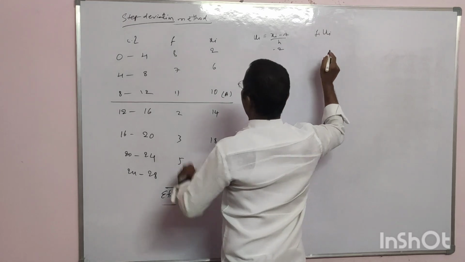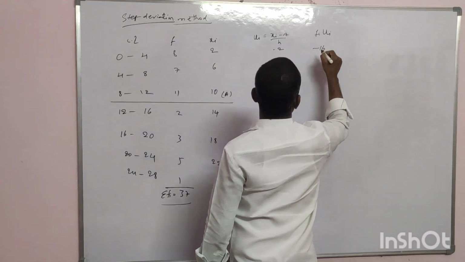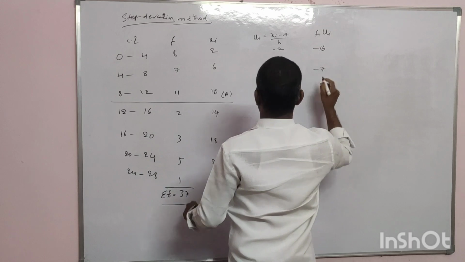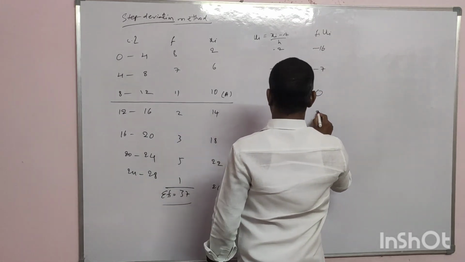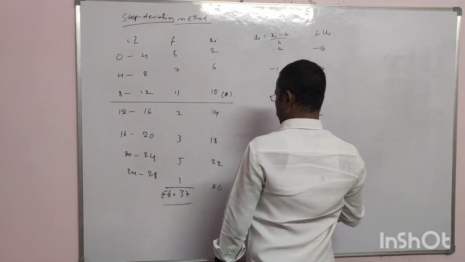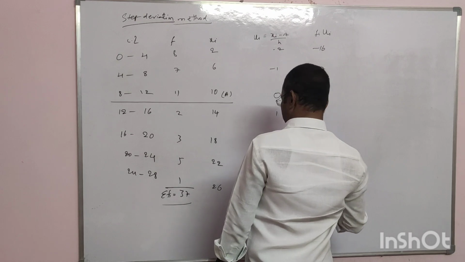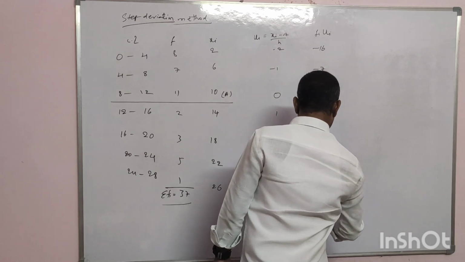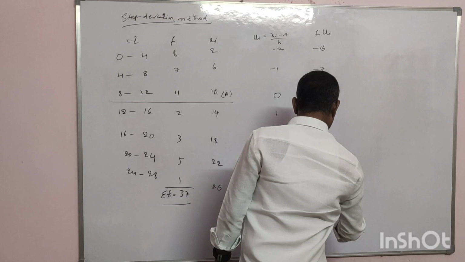Fi ui: 8 2s are minus 16, 7 1s are minus 7, it's a 0, 2 1s are 2, 3 2s are 6, 5 3s are 15, 4 1s are 4. Sigma Fi ui.